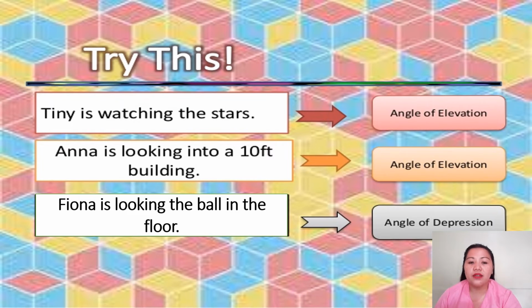The next one: Anna is looking at a 10-feet building. Again, this is an angle of elevation because the observer is looking at the building, so the object is above her. Fiona is looking at the ball on the floor. So this is an example of angle of depression, because the observer is looking at an object below.